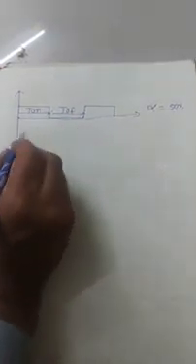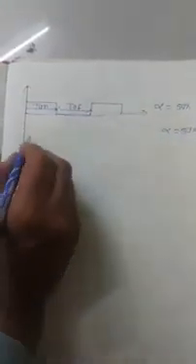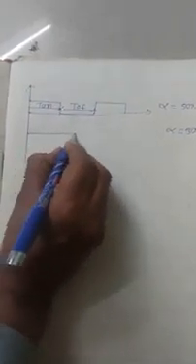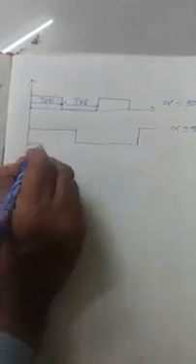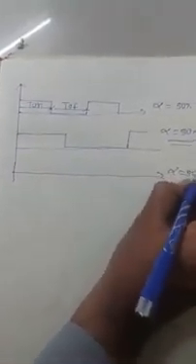Similarly, the duty cycle is 50%. Case 3, alpha is 50%.